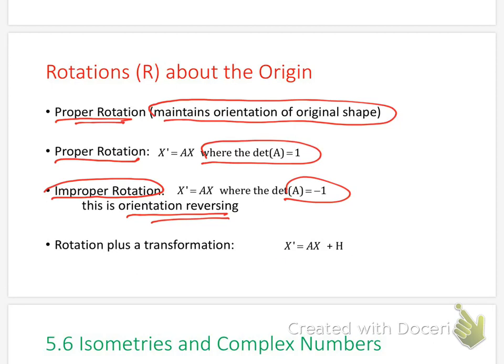If you have a rotation plus a reflection, that's what you would have. Okay, we're not going to really do anything with this, but it's addressed in the book, so I thought I would mention it here. The next section, 5.6, isometries and complex numbers, is important for our discussions, and we will be doing things with that, and we'll cover that on the next page.